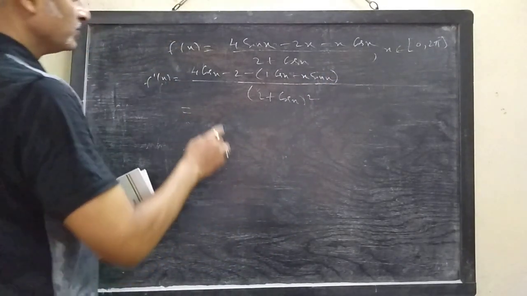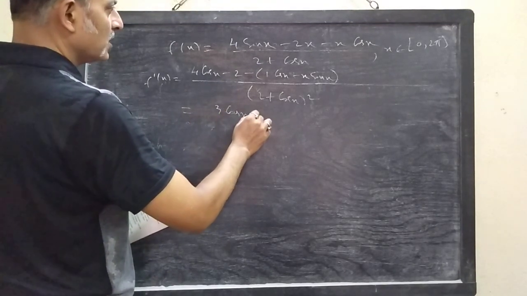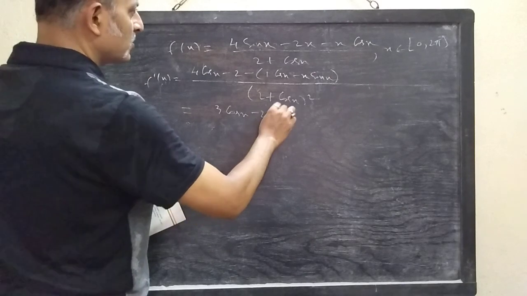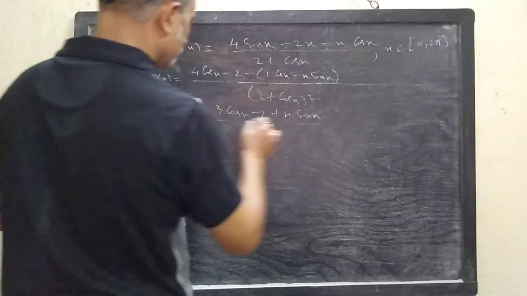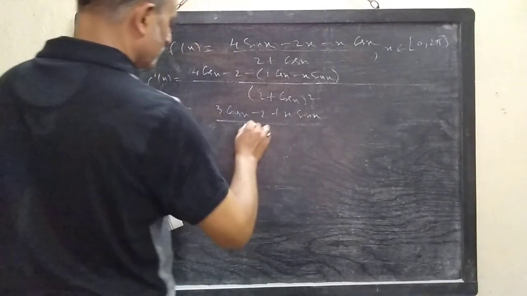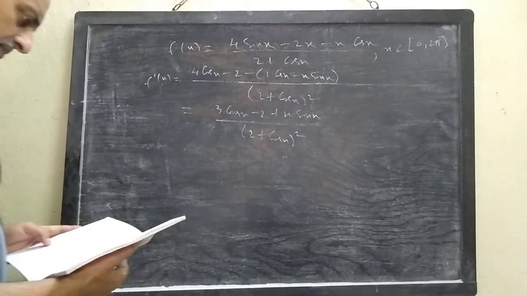This will become (3 cos x minus 2 plus x sin x) by (2 plus cos x) the whole square.